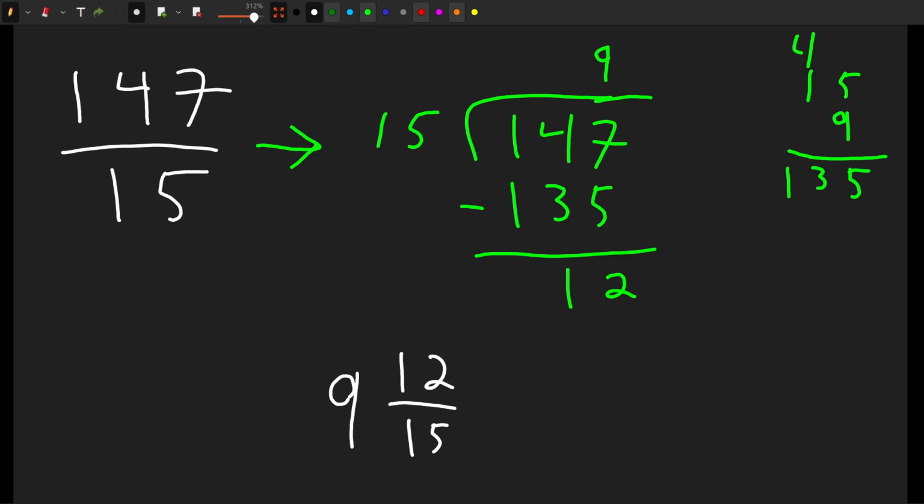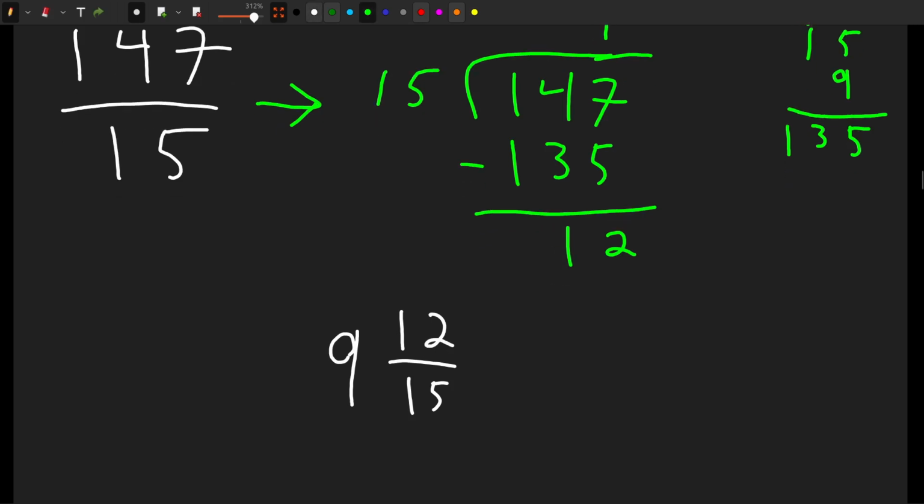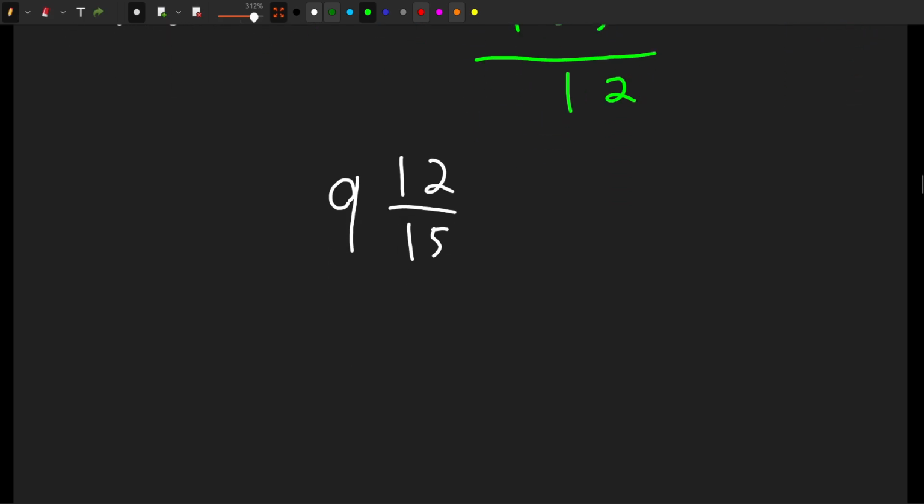However, there's something we can do here. 12/15. Could we simplify that? Keep in mind that I'm going to use a little bit more space here. 12 over 15 is equal to 4 times 3 over 5 times 3.